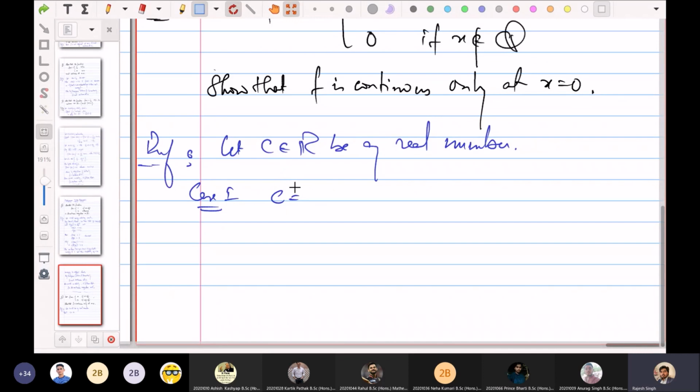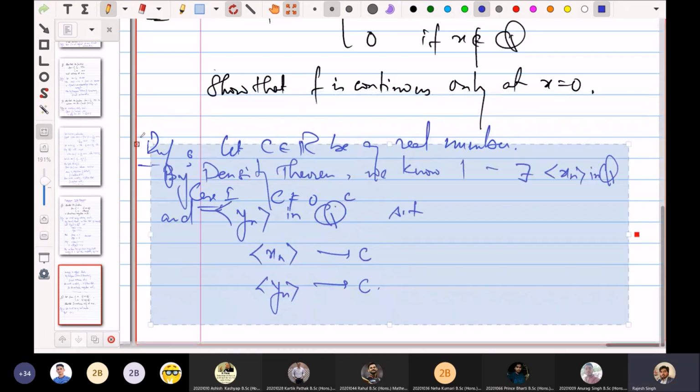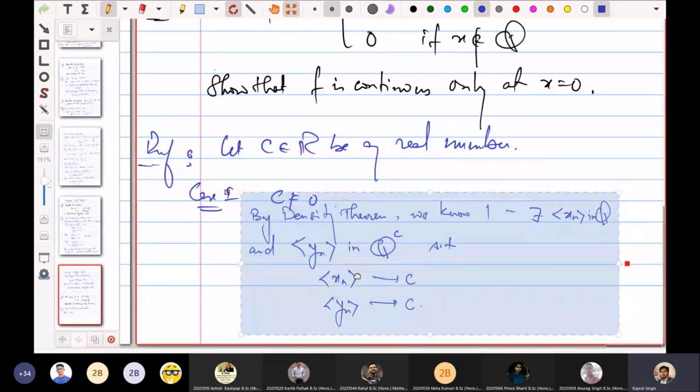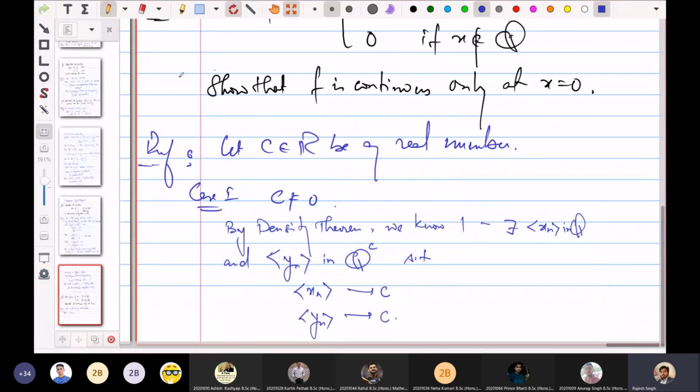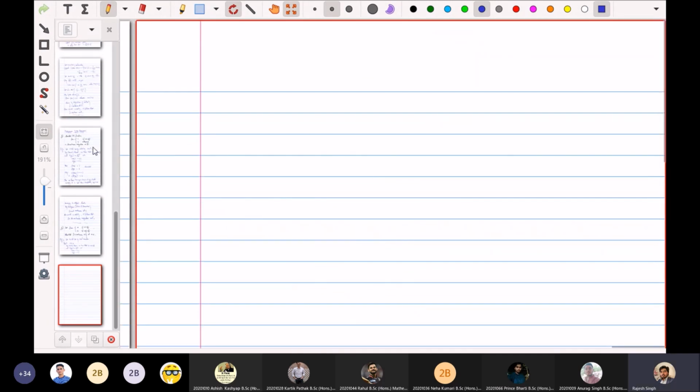Okay, so that's c not equal to 0. So this is by density theorem, you will have two sequences. We know that there exists sequence xn in Q and yn in Q complement such that both converge to c. So now what will happen?